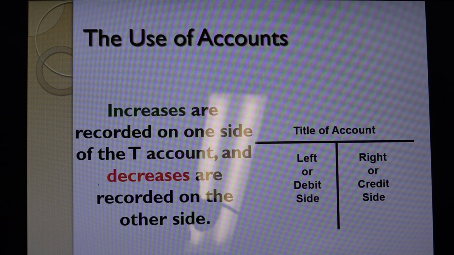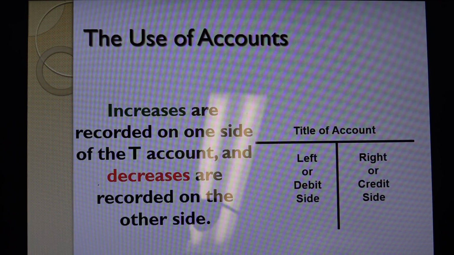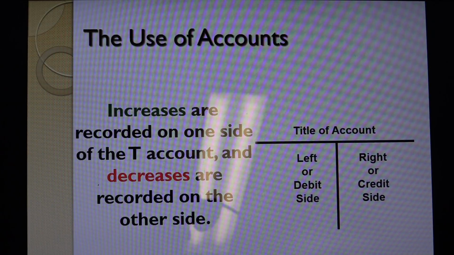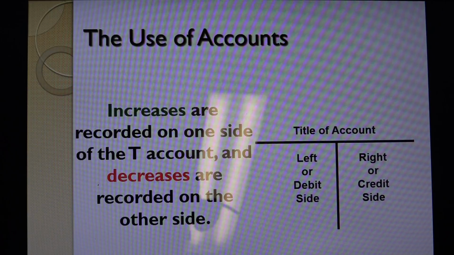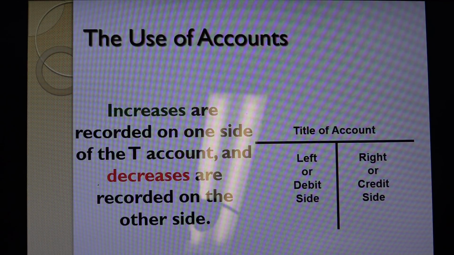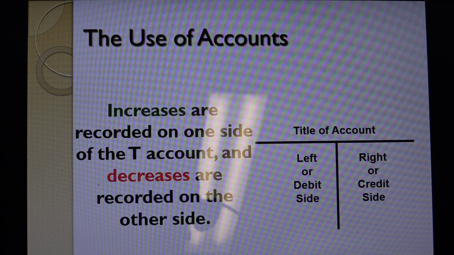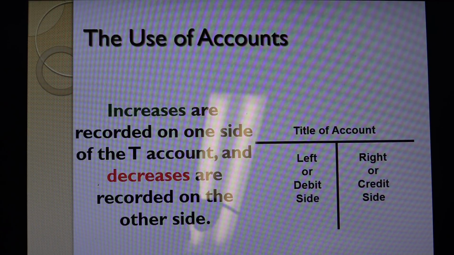If you want to decrease the asset account, you credit it or put it on the right side. So that's how we do it for assets. For liabilities, that's on the right side of our T account. And so for liability, you credit that account, goes on the right side. If you want to decrease a liability account, you debit that account. So that goes on the left side.